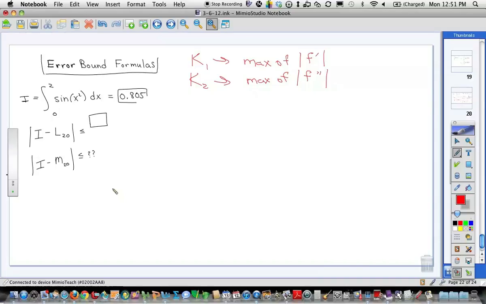What would be in the b minus a? 2 minus 0, and then that's squared. And then divided by 2 times what? What would go down here in the formula?